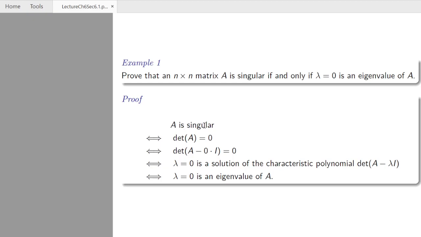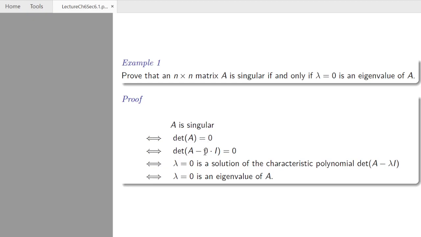A is singular, we know that's equivalent to its determinant being 0. Here, after A, we add a term minus 0 times the identity matrix. 0 times any matrix, we get 0. So this is the same as the determinant of A.